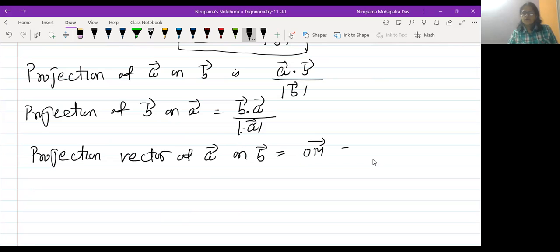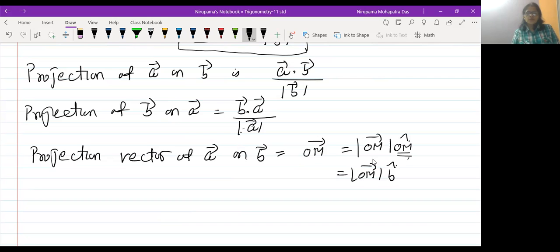That is the magnitude of OM multiplied by the unit vector along OM. OM vector is in the direction of B vector, so the unit vector OM cap is basically your B cap.